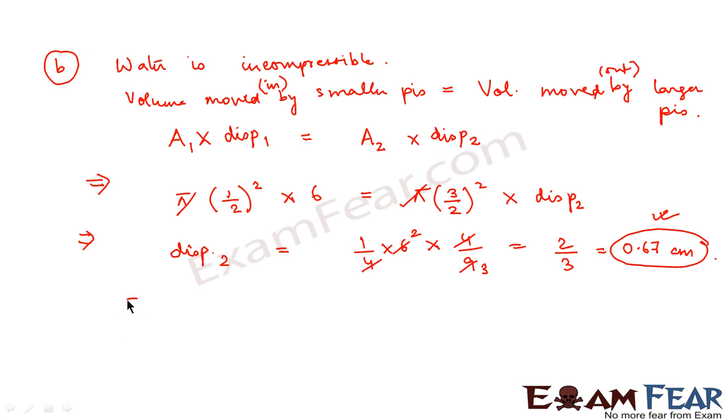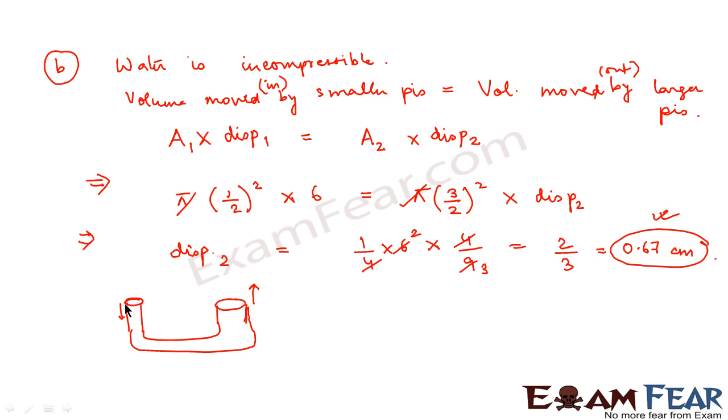That means when the smaller piston, let us say this is the smaller piston, this is the larger piston, they were connected this way. That means when the smaller piston was moved inward, the larger piston was moved outward. So the volume which the smaller piston covered was equal to the volume which the larger piston covered. So how did we calculate volume?